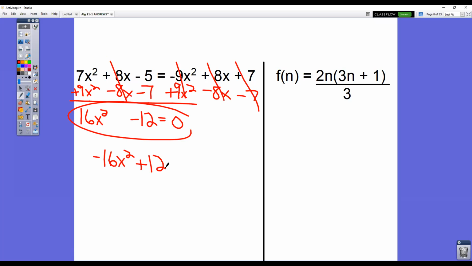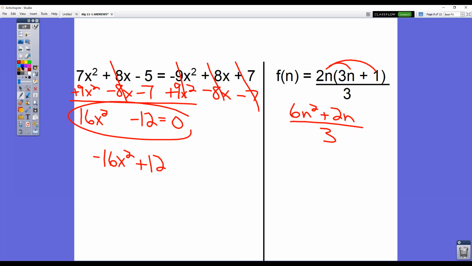The next one tries to trick you a little bit. You have parentheses. Always do the parentheses first. So we want to distribute to get 6n squared plus 2n all over 3. Now, we can't leave that divided by 3.